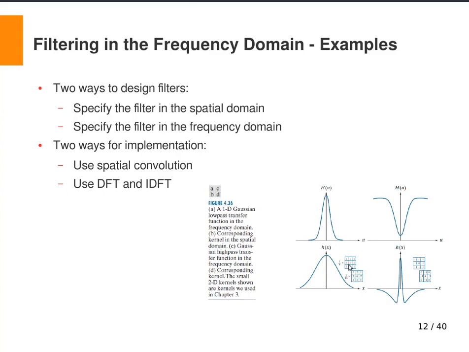Here you see two representative kernels that are sampled from this Gaussian function. On the other hand, here we see a version of a Gaussian high-pass filter, and its spatial representation looks something like this. If you pay attention to these kernels, you see that this is equivalent to performing a Laplacian in the spatial domain.